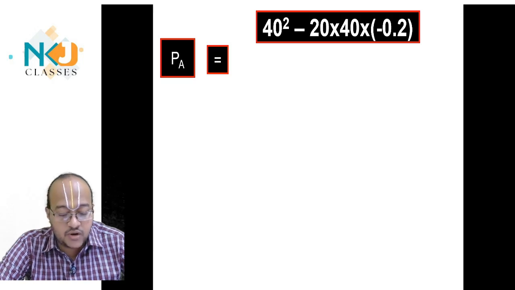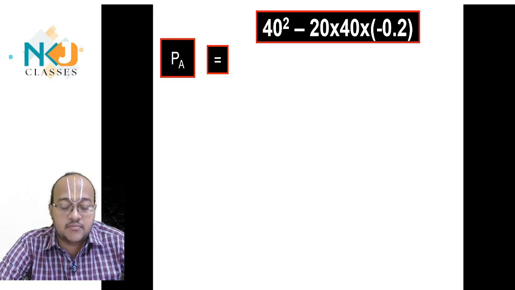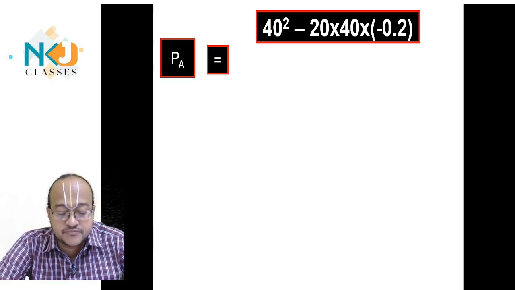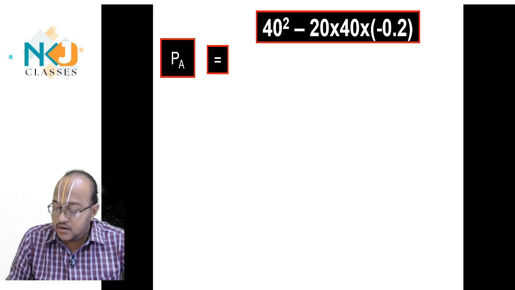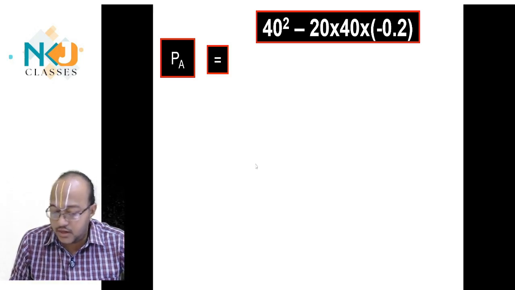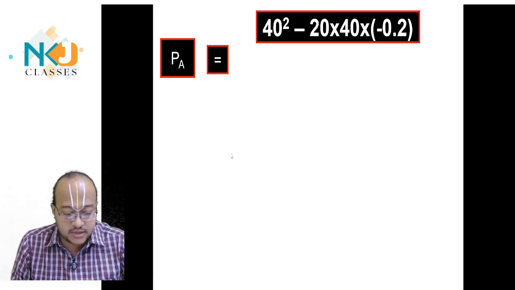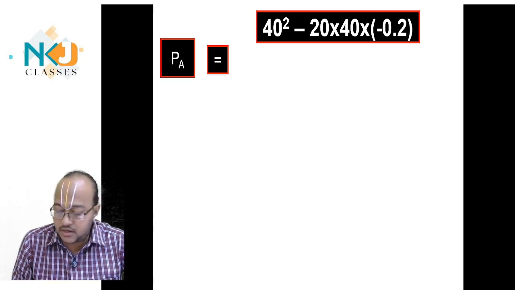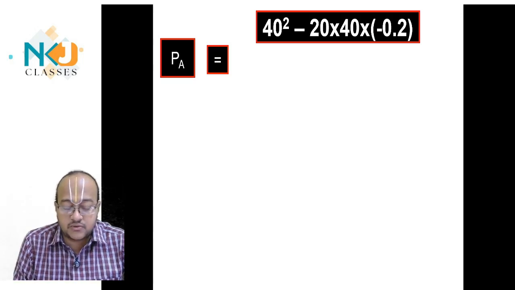Sigma B. What is the correlation of A and B? Minus 0.2. So 20 into 40, you get 800. 20 into 40 into 0.2, how much is that? 160. Correct? Minus 160.